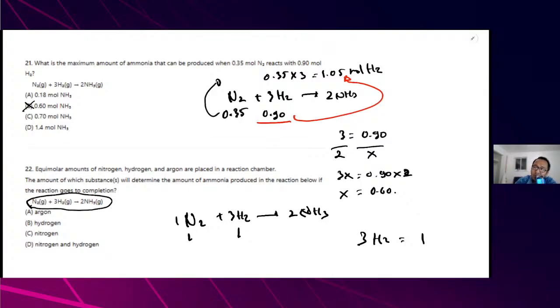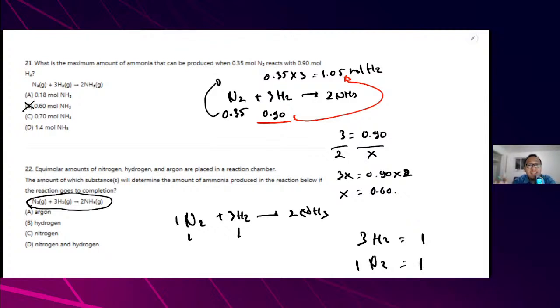Regarding this illustration, there's too little H2, the cookie is too small. However, for N2, it's just one person and he has one cookie.